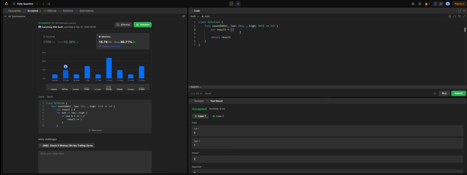Yeah, 6 minus 3 will be 3, and 3 divided by 2, that would be 2. Yeah. Alright, let's do it. So something like high minus low, and then let's go plus 1.